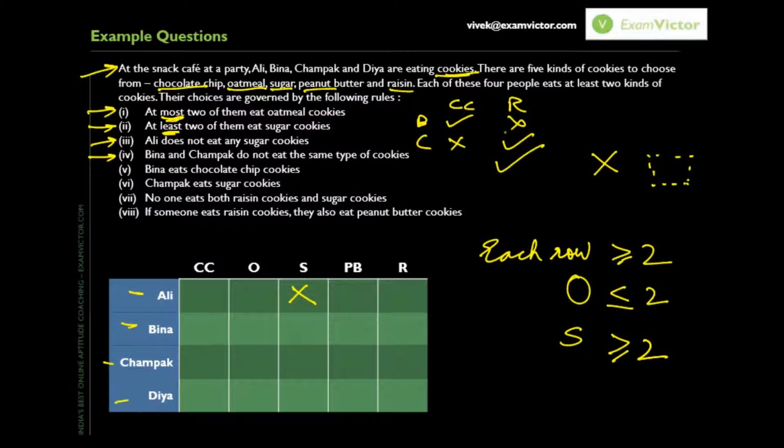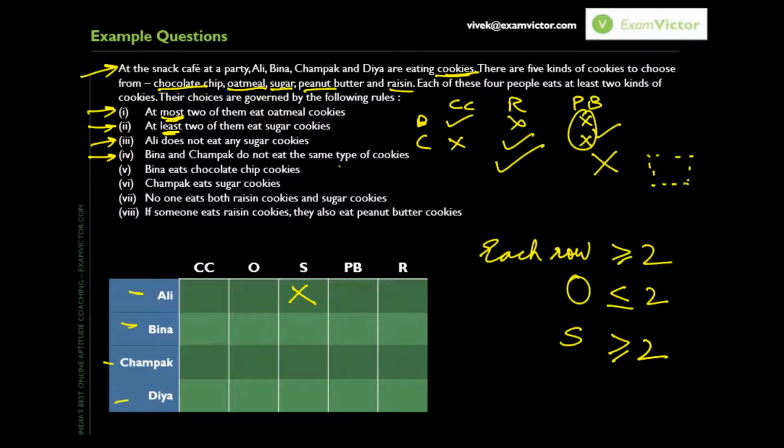That's okay. But how about if there is a cookie type, let's say peanut butter, and they both don't eat it? Is that acceptable? Is that possible? It is, it very much is. This is also okay because the statement says Beena and Champak do not eat the same type of cookies, but they both can leave the same type of cookies.